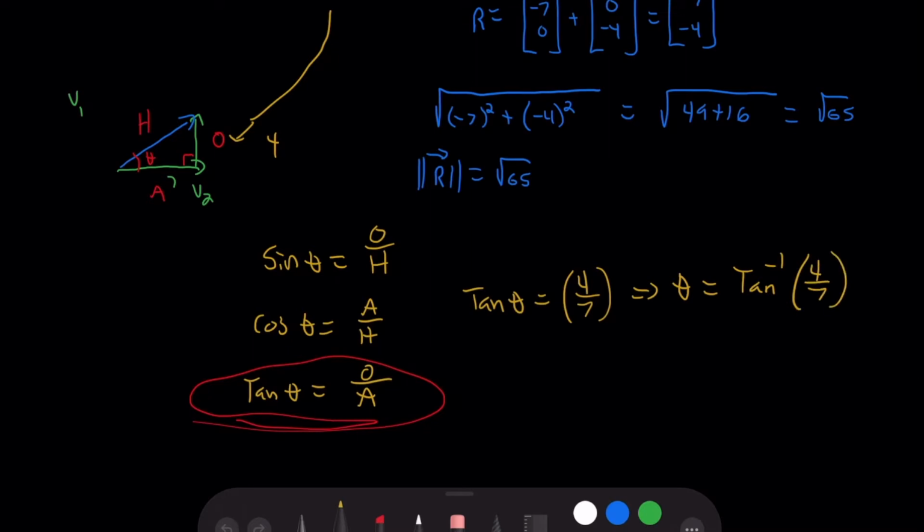Now, if I do that into our calculator, times 180 divided by pi, this is approximately equal to 29.7449. That's what my calculator gave out.